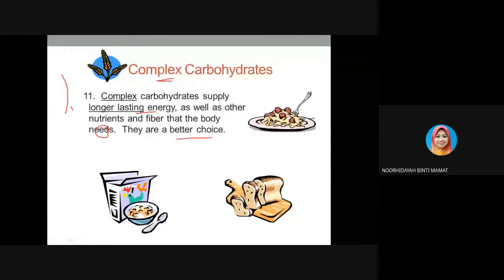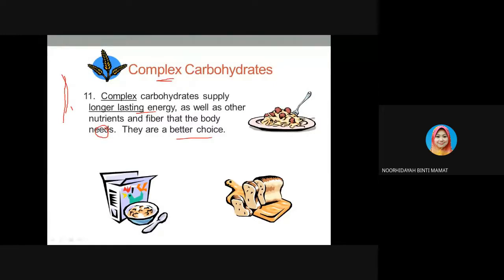Just as with the simple sugars, some complex carbohydrate foods are a better choice. Bread and cereals are a better choice compared to the simple carbohydrates.